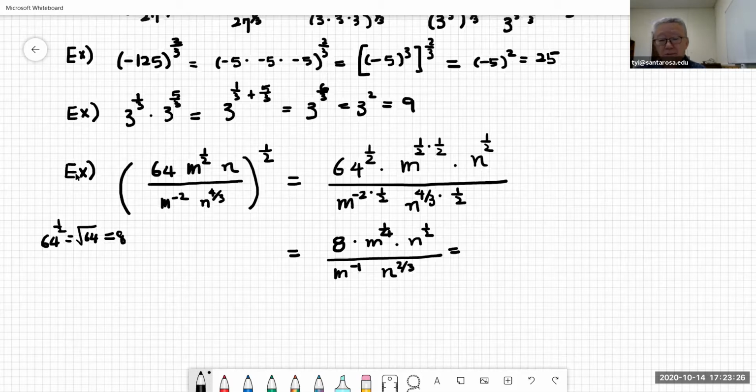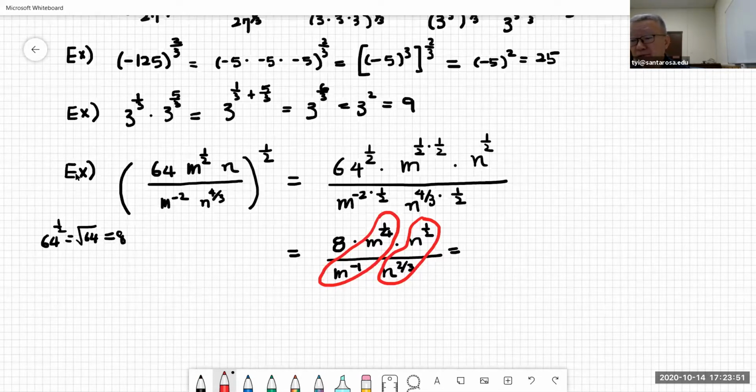So now we took care of the exponents. Now we're going to have to simplify the m with m, and then the n with the n. And the strategy here is that if you have anything negative, you might want to bring it up or down to make it positive. And if you have both positive, then you're always going to move the smaller exponent.